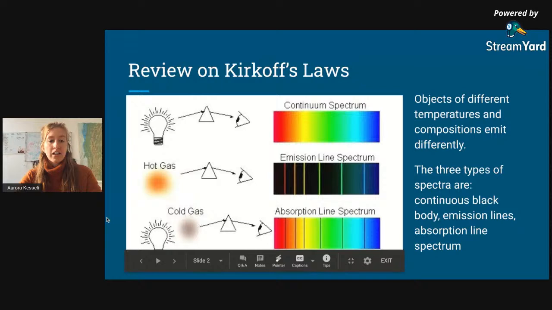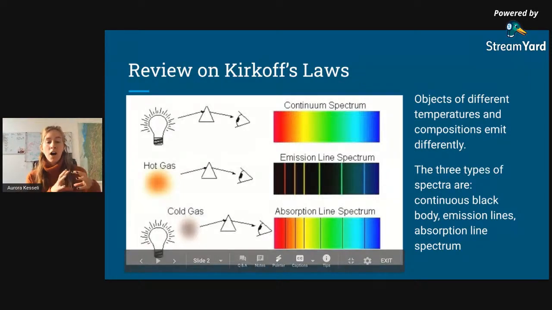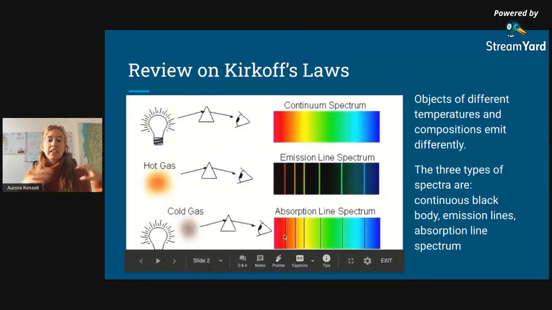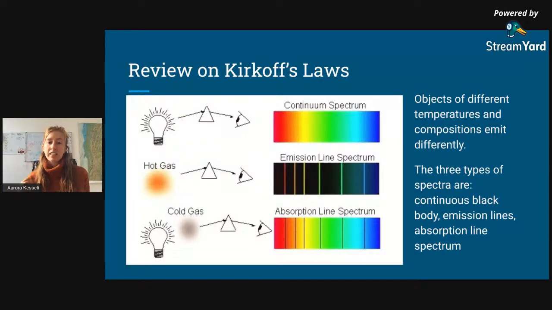And lastly, if we have a hot, dense source, and in between us and the hot, dense source we have a cooler, optically thin or diffuse gas, you're going to see basically the continuum spectrum in the background, but now you're going to see absorption lines instead of emission lines from the elements or molecules in this cold gas, and they'll take away some of the photons at these specific wavelengths.